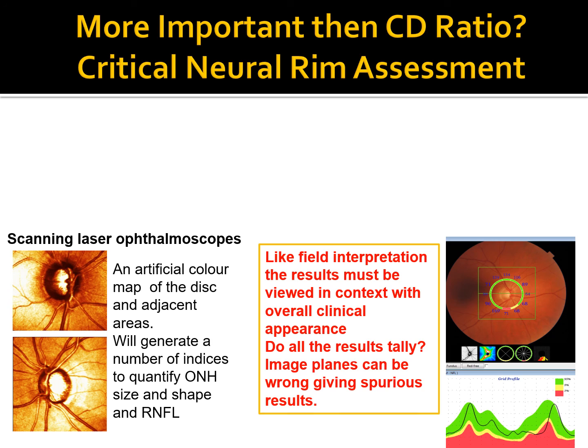But like field interpretation, these results must be viewed in the context of the overall clinical picture. If the angle of the image is slightly off, it can show you erroneous results. And so you might look at one of those, but everything else is absolutely fine. You think, well, I'm going to ignore that. It has to be part of the jigsaw. It's not an all-singing, all-dancing machine that'll do away with everything else.